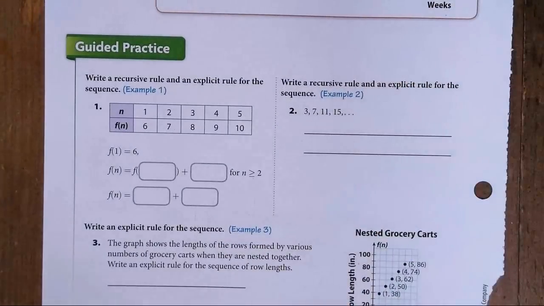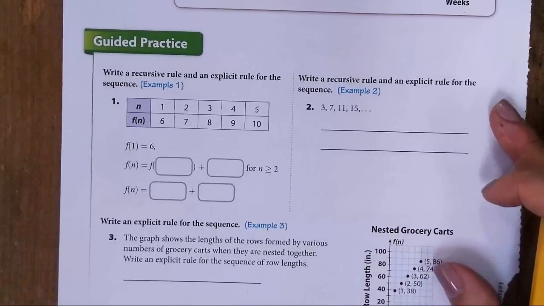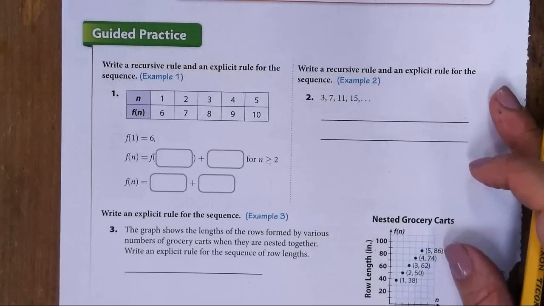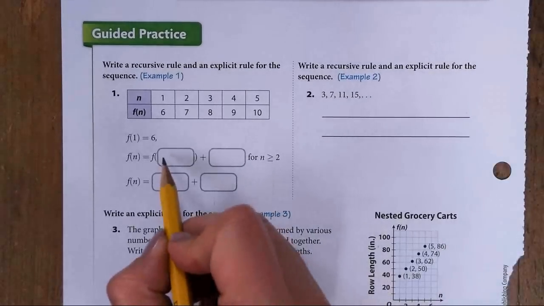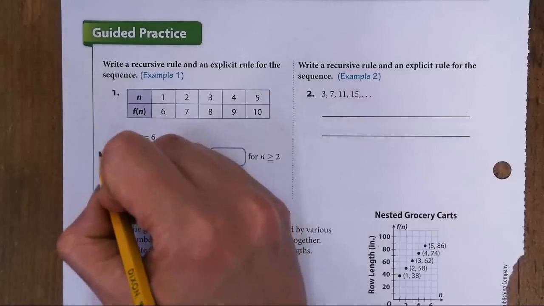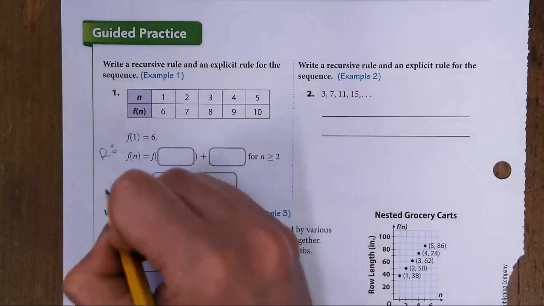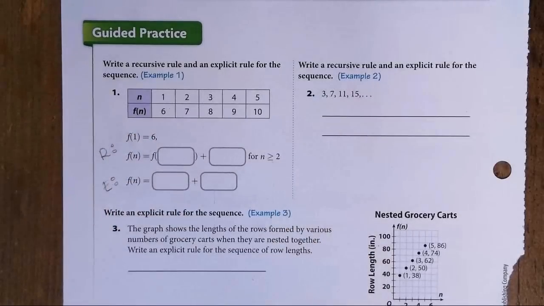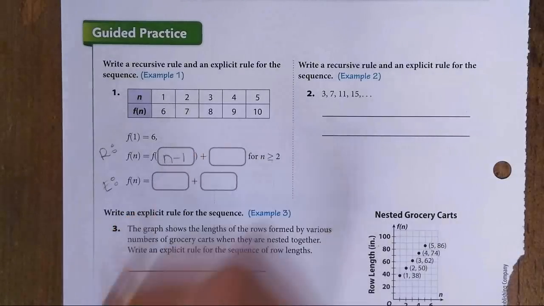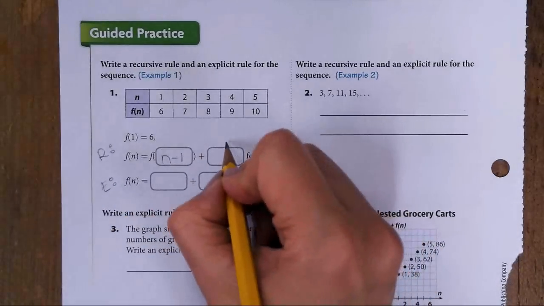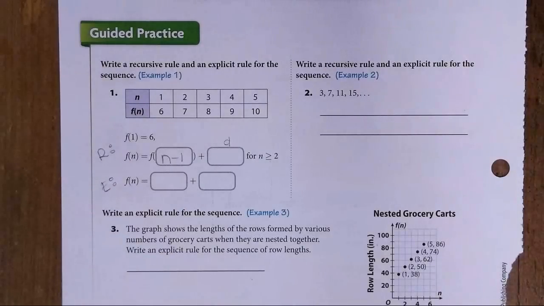Alright, so then I'm going to do question number 1 with you, and then you guys are going to do the other ones on your own. Okay, so it says to write a recursive rule and an explicit rule for the sequence. Alright, so first things first, what goes in here? This is our recursive rule, and this is our explicit rule. Okay, we know that this is always going to be n minus 1, and then this here is going to be our common difference.